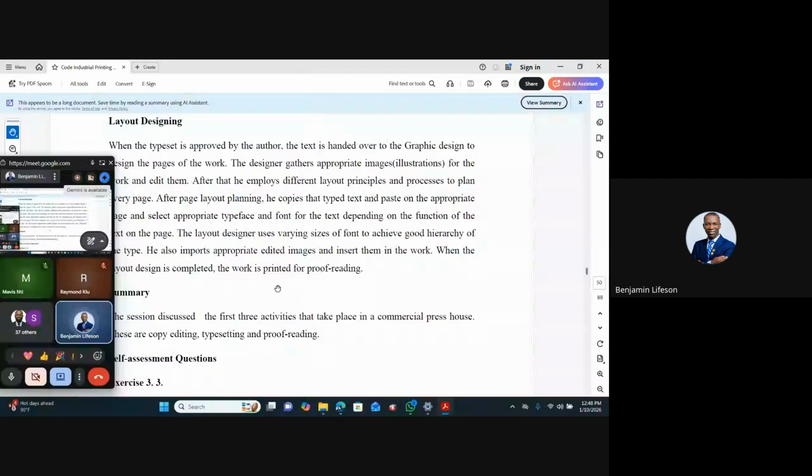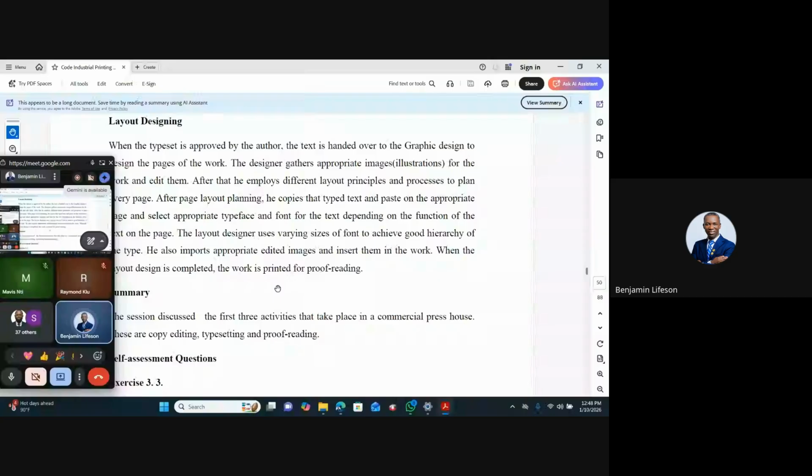Then we also look at contrast. Which one must you highlight and which one must you lower? Which one must you expand and which one must you reduce? Which one must you lay emphasis on?